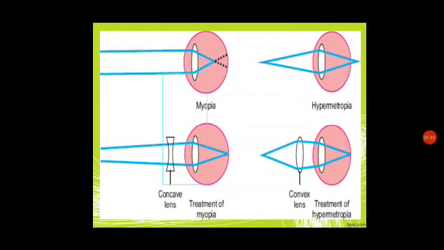Here you can see the diagram. In myopia, the image is formed in front of the retina, and to correct this error, we have to place the concave lens in front of the eye so that the image is properly formed on the retina and we can see the distant object clearly.